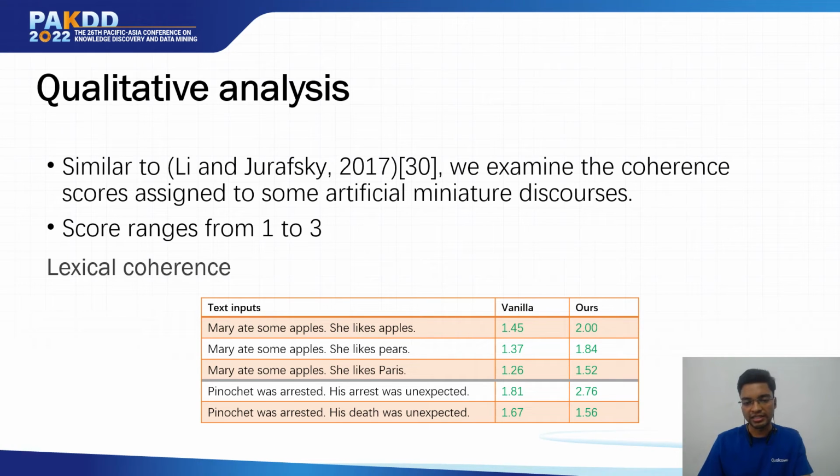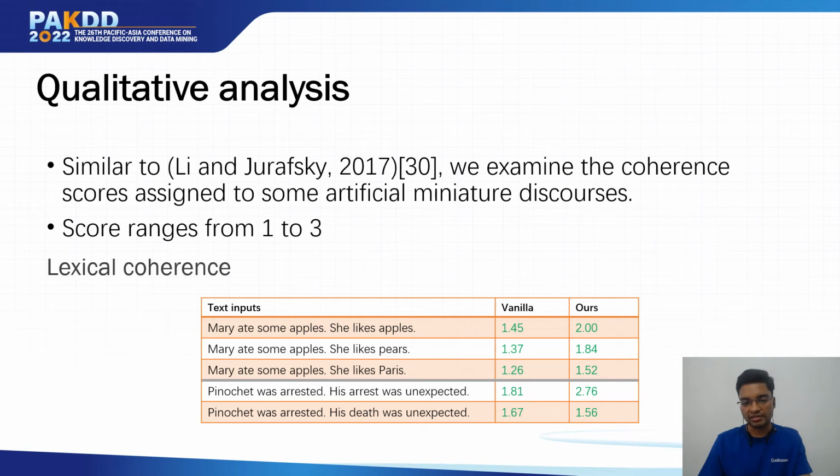But in the third sentence, we have an entity which is entirely different from the previous entity. In the second sentence, at least we are comparing a fruit with another fruit. But in the third sentence, we are referring to a fruit with another category, which is a place. So the third sentence should be scored comparatively less when compared with the first and second.